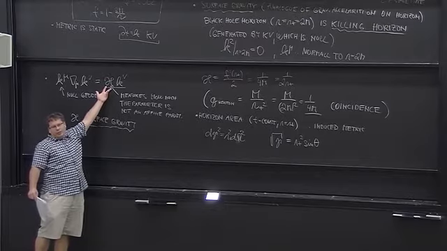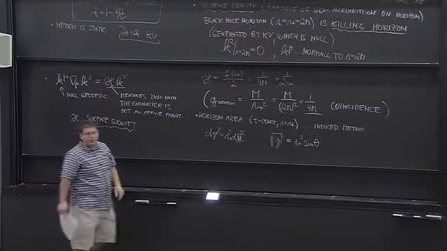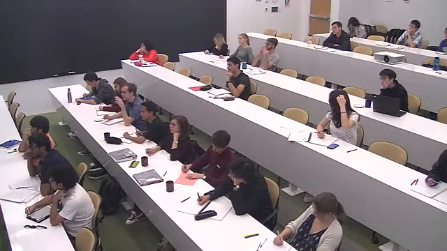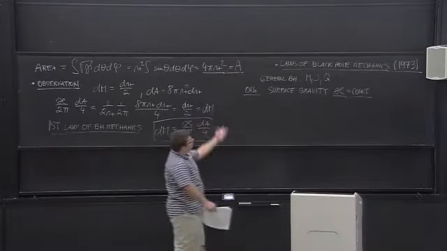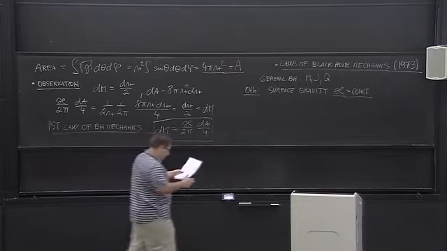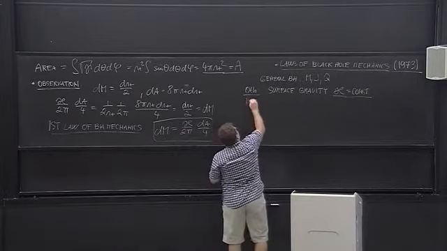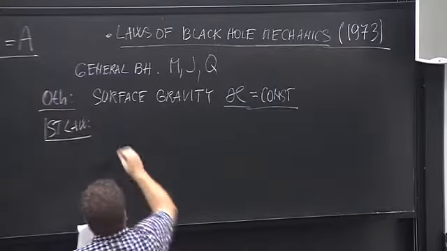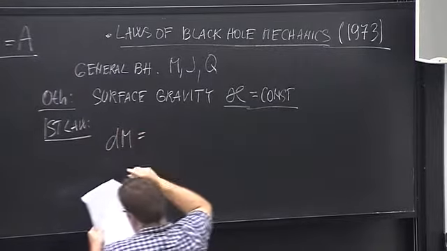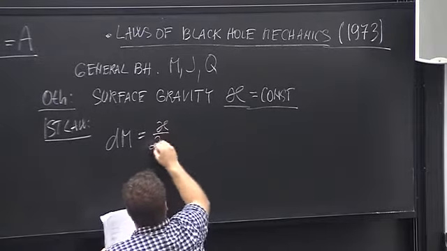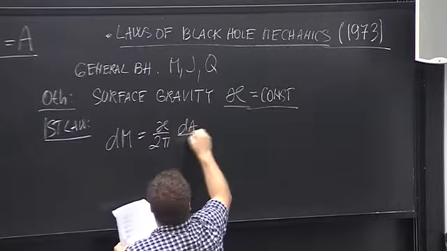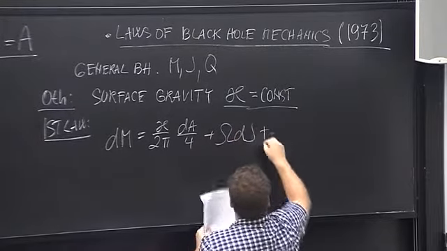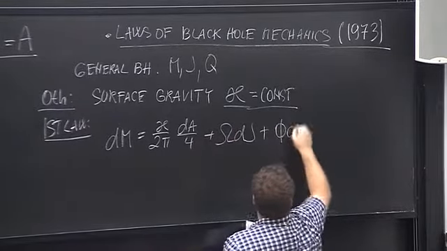So κ is a function. Now what I'm saying is that this is not a function, but it's actually a number. It's given by some parameter of the black hole. So this is the zeroth law. Then you have the first law, and that says that dM is κ over 2π dA over 4 plus Ω dJ plus Φ dQ.